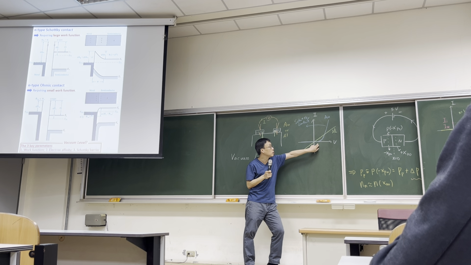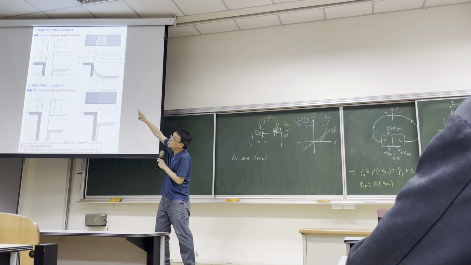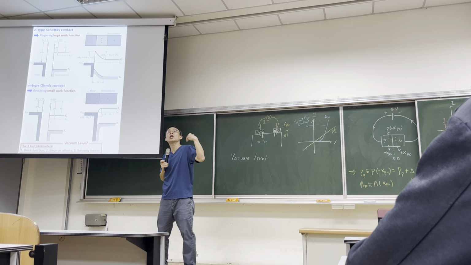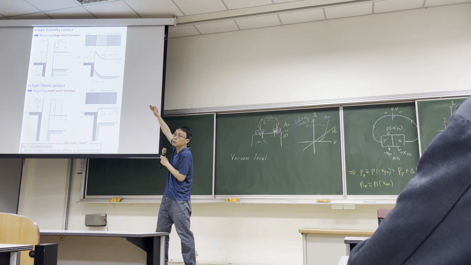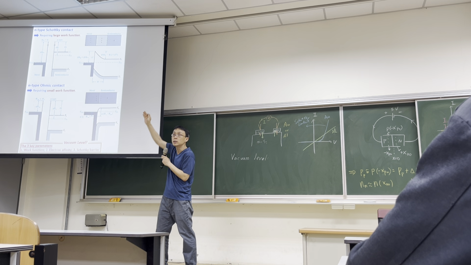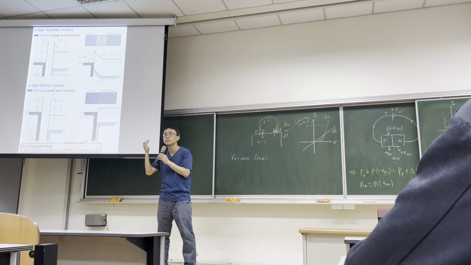Why? Because when your bias is small, the electron or the energy is not enough to overcome the potential barrier at the interface between metal and the semiconductor.